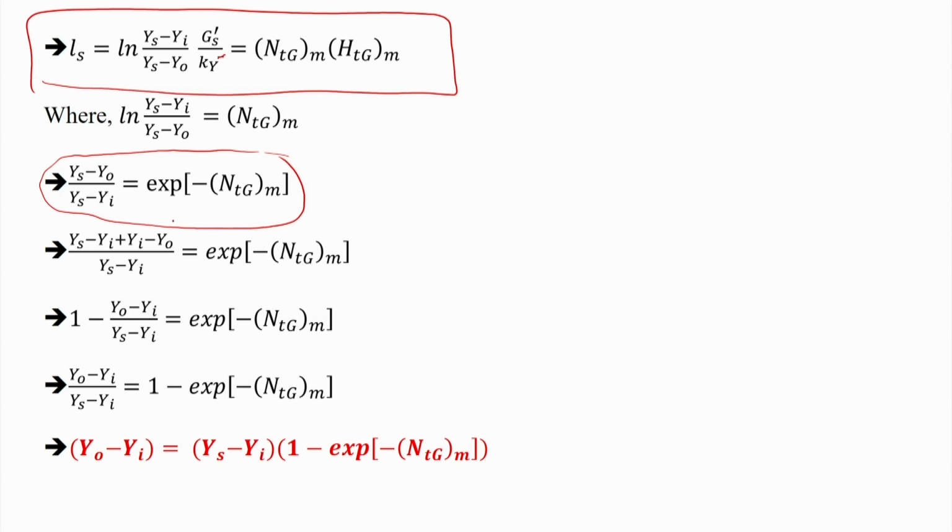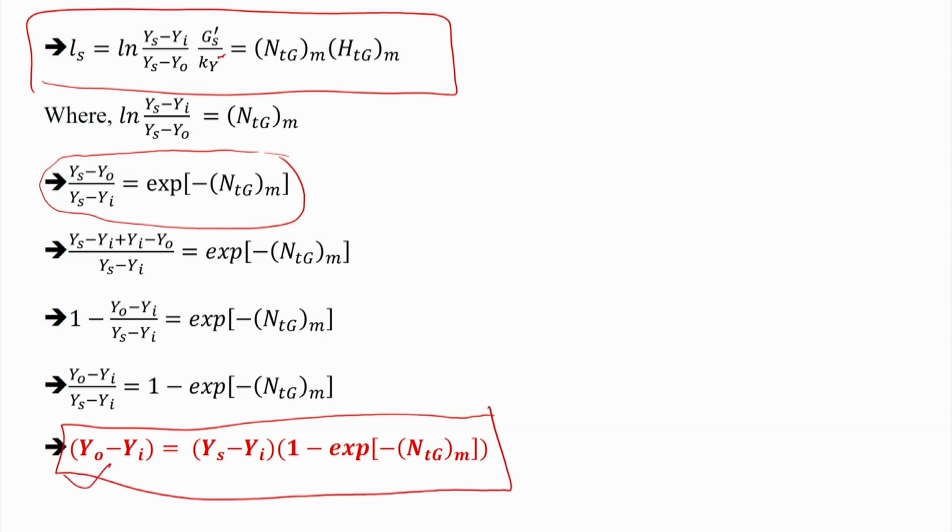From there, just by manipulation, we are trying to get the relation between the humidity of the drying gas at the exit and at the entry. So, inlet minus outlet is equal to (y s minus y I) into (1 minus exponential of minus NTG). That is what we are getting.